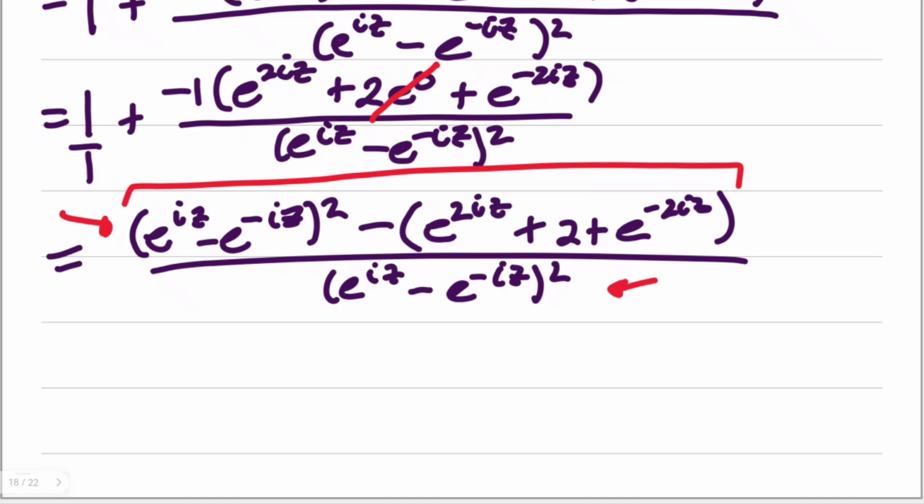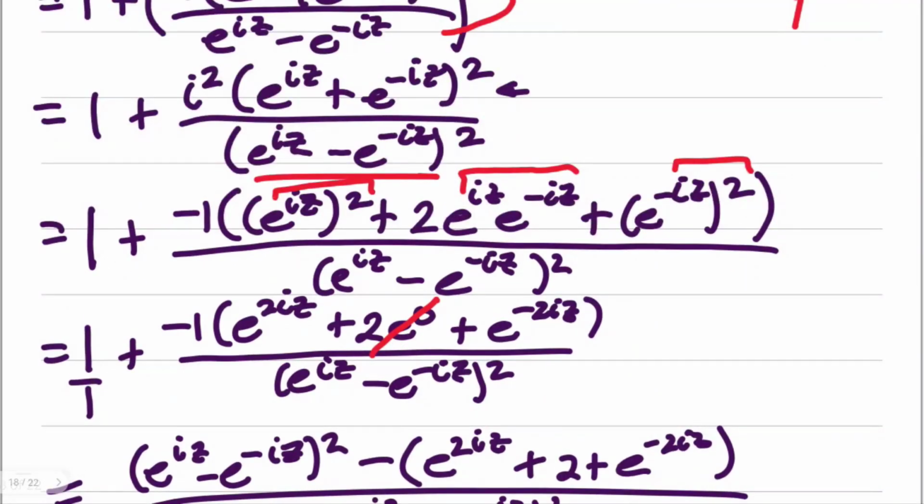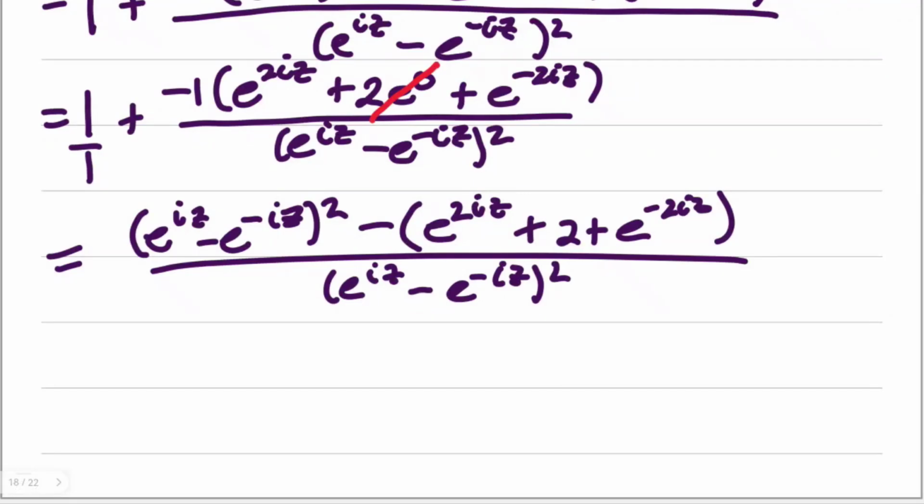But again, leaving the denominator as it is, because our denominator is already okay. We're just going to expand the numerator, or the first term of our numerator. So applying the same process as this one here, when we expand this binomial expression into this form here. So similarly, it will go on like this. e to the power of iz, you square that.